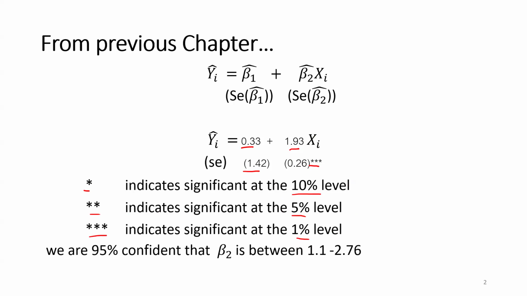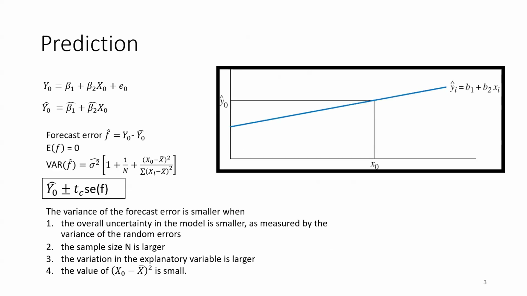And next, when you get the equation, you can use it for making predictions. To make a prediction, you can do it two ways. First is point estimation. It means: if x equals something, what will y equal?